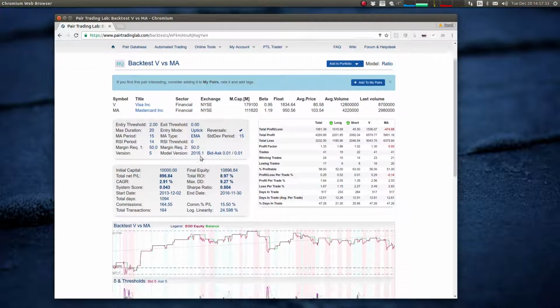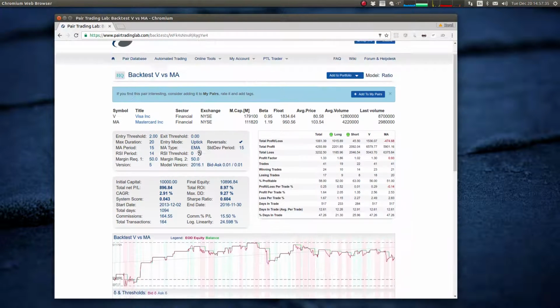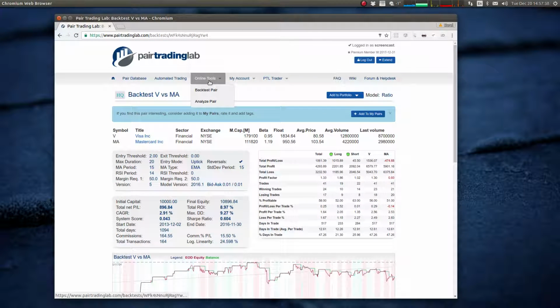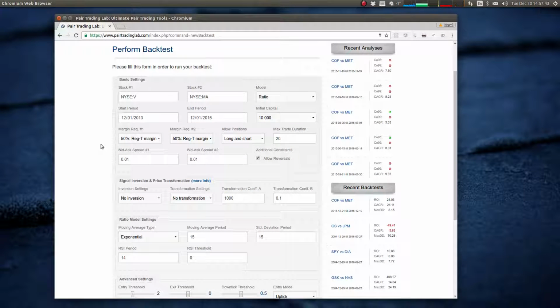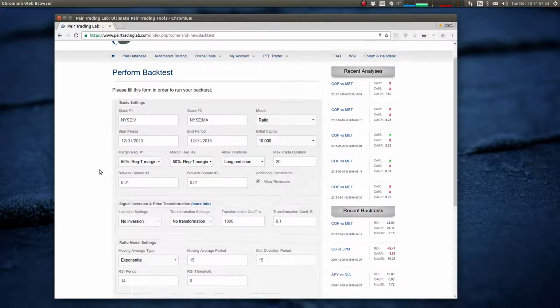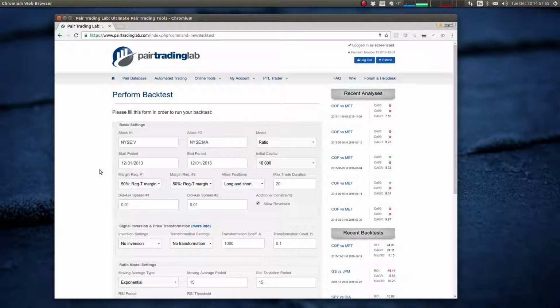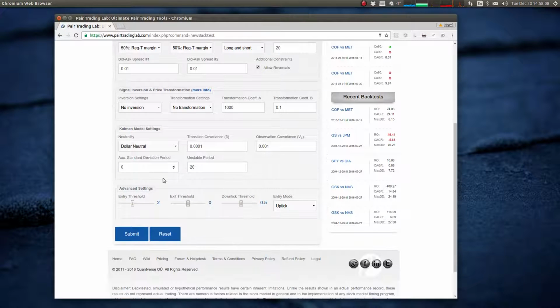So to address this problem, we will try to apply the Kalman filter to determine the balance point, or the regression coefficients of this pair, which are coefficients beta and alpha, which determine the linear relationship between Visa and Mastercard. Let's first try Kalman with default parameters.